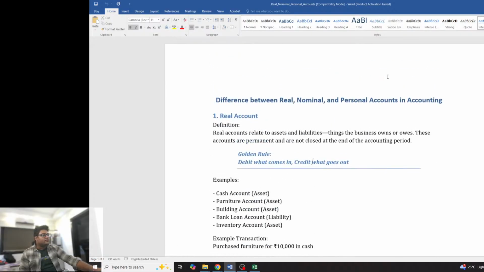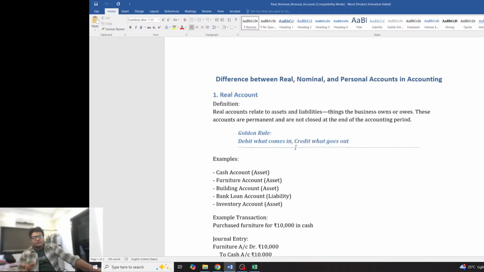So if I go with this one, real accounts relate to assets and liabilities, things that the business owns or owes. These accounts are permanent and not closed at the end of the accounting period. So cash, for example, or let's take building, computer, land, any asset. Just because the year has ended doesn't mean it's not going to be there in the next year, right? So that's why it's a real account.